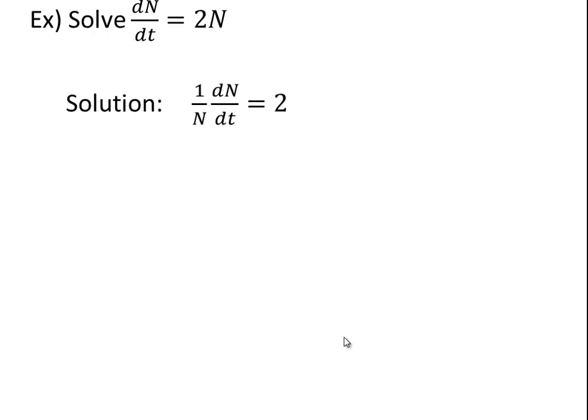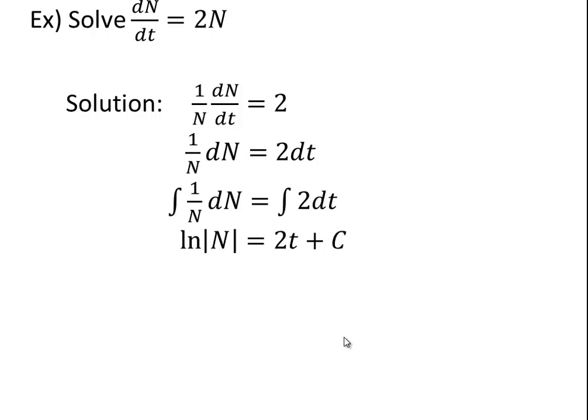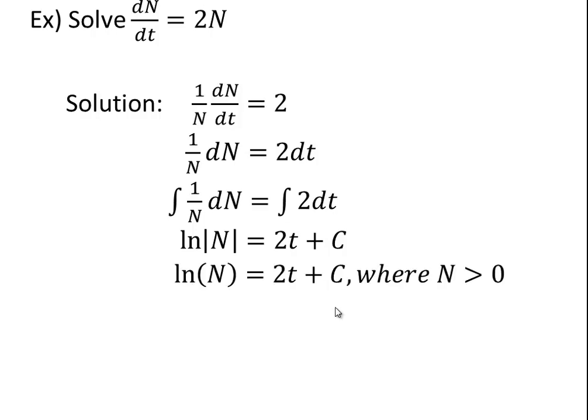The first step would be to divide both sides by n, and then we can also separate the dn and dt, so we get 1 over n dn equals 2 dt. Now we can integrate both sides, and we get natural log of the absolute value of n equals 2t plus c. Assuming n is strictly greater than 0, we can drop the absolute value sign, and now exponentiating on both sides, we have e to the ln of n equals e to the 2t plus c.